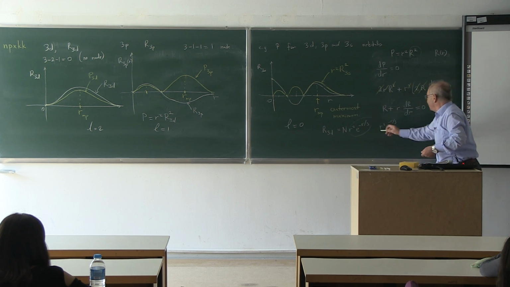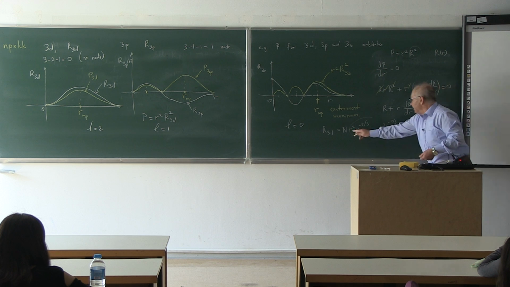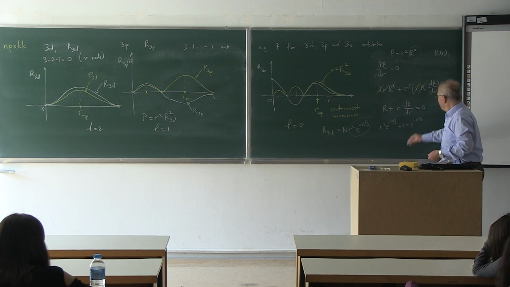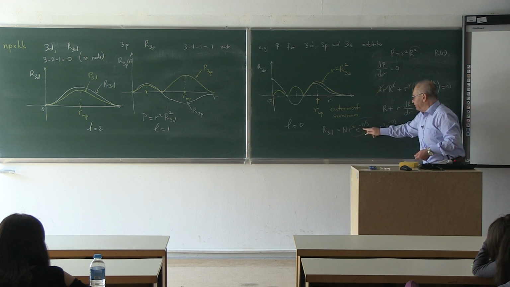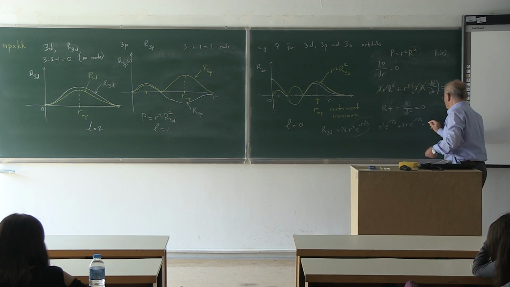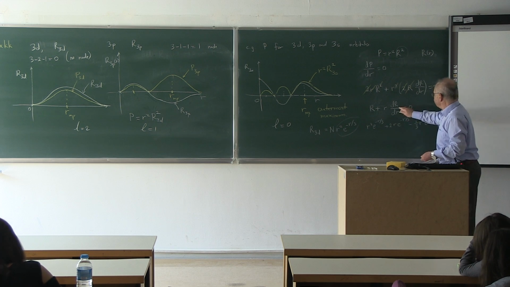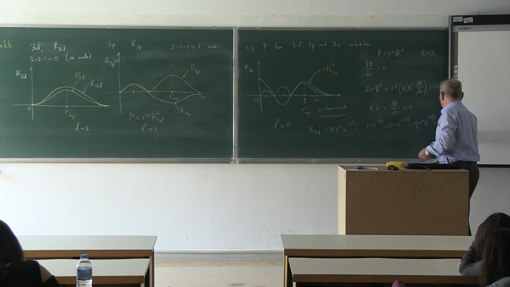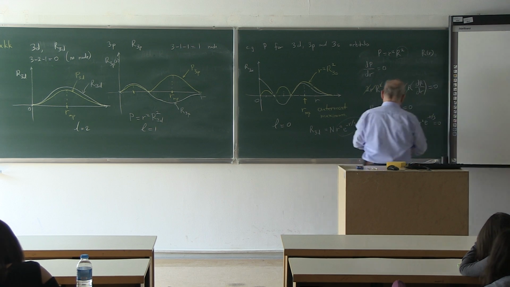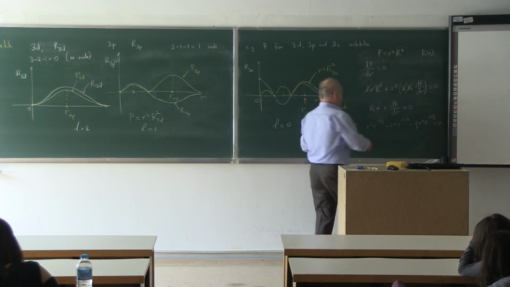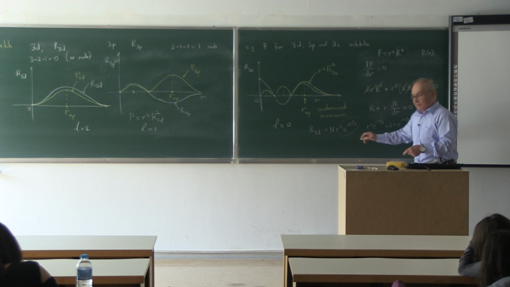Now, if you take the derivative of this with respect to r, there are two factors. Derivative of this times that, 2 times r, plus this times the derivative of that, which is minus 1 over 3 r squared times e to the minus r over 3. This is the result of this equation. So, all factors contain the exponential.